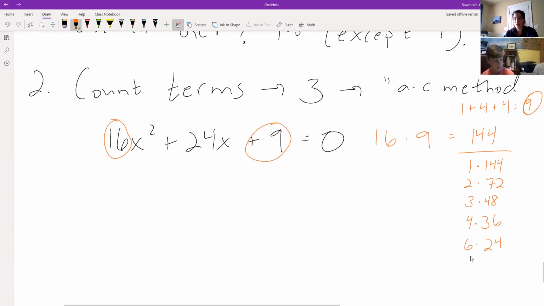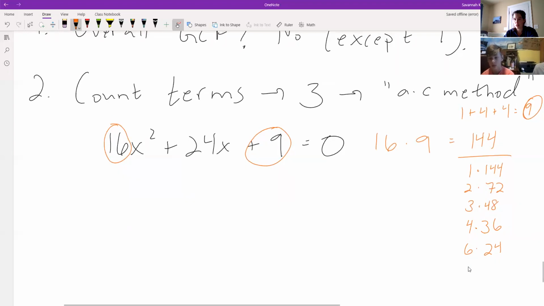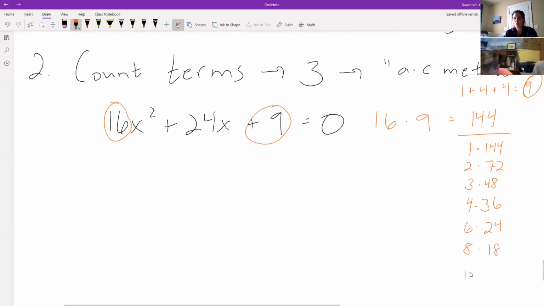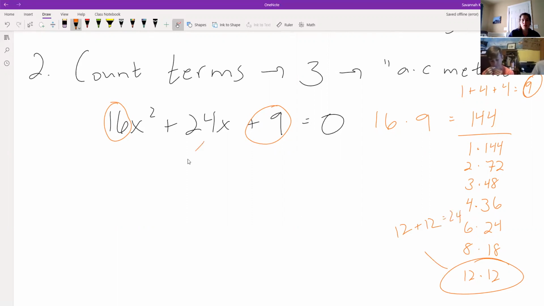And they won't for a little while longer. 7 doesn't work. 8 should work. Oh, yeah. 9 doesn't work. No 9, no 10, no 11, but 12. Finally, there at the end, 12 plus 12 will give us the 24 that we need.